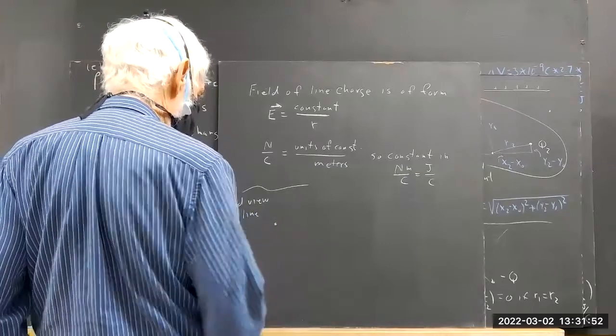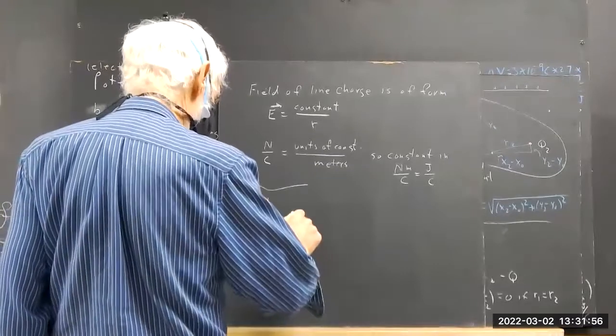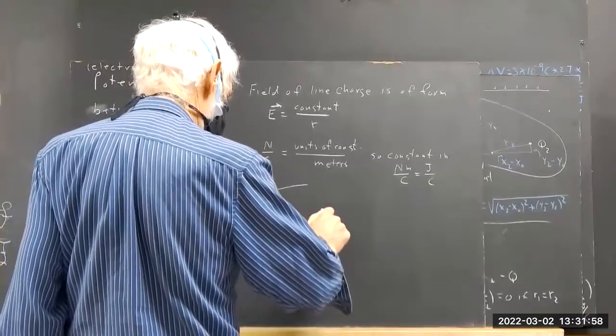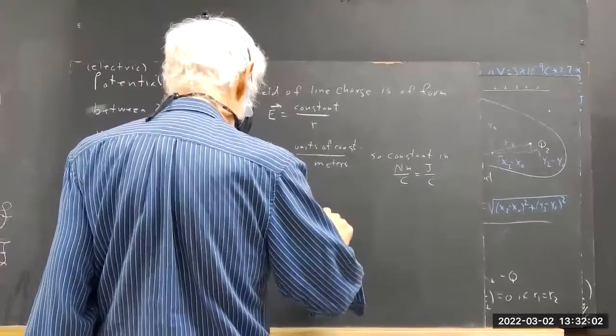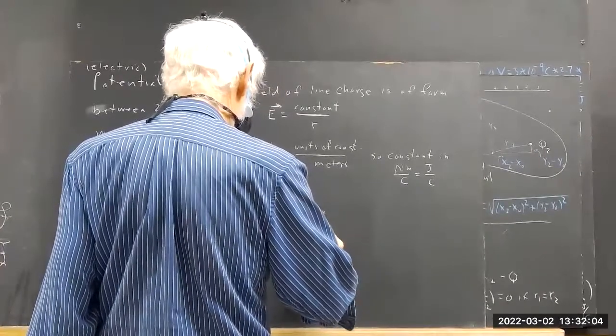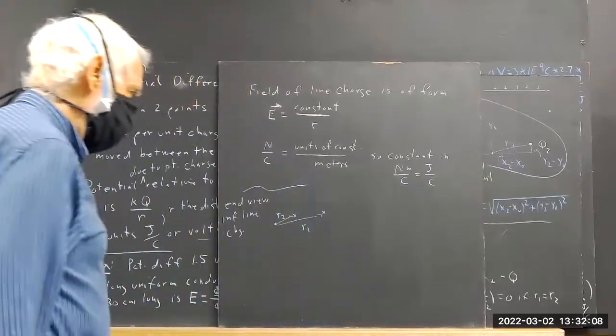An infinite line charge is here. We have one point at distance R1 and another point at distance R2.